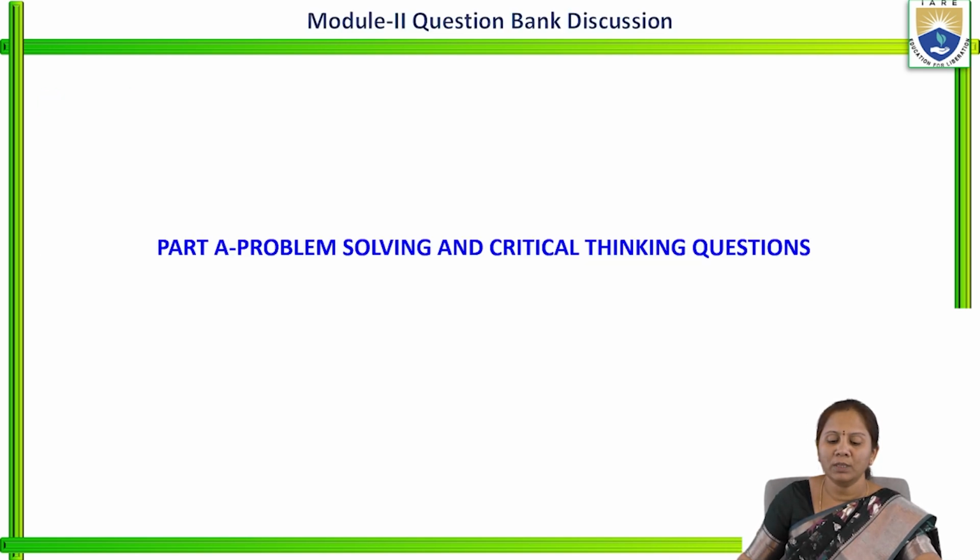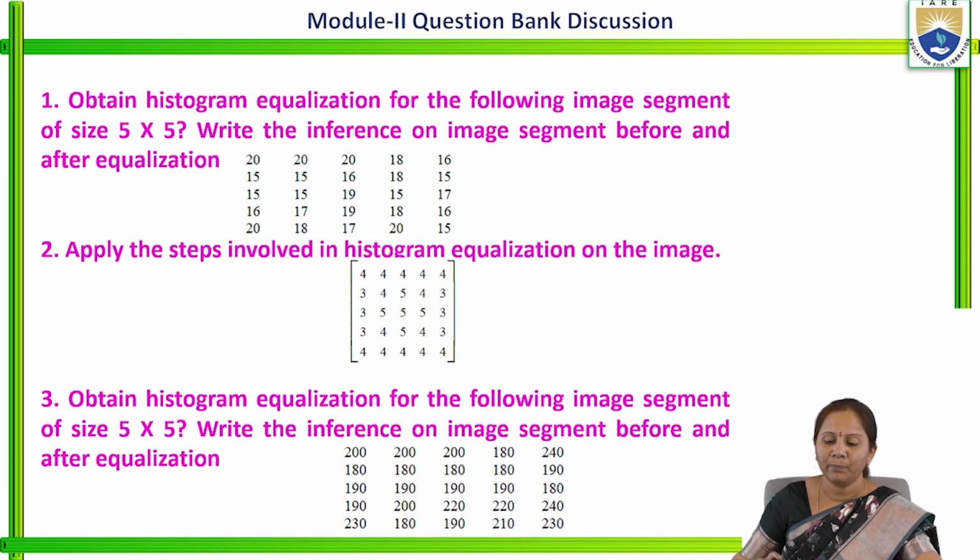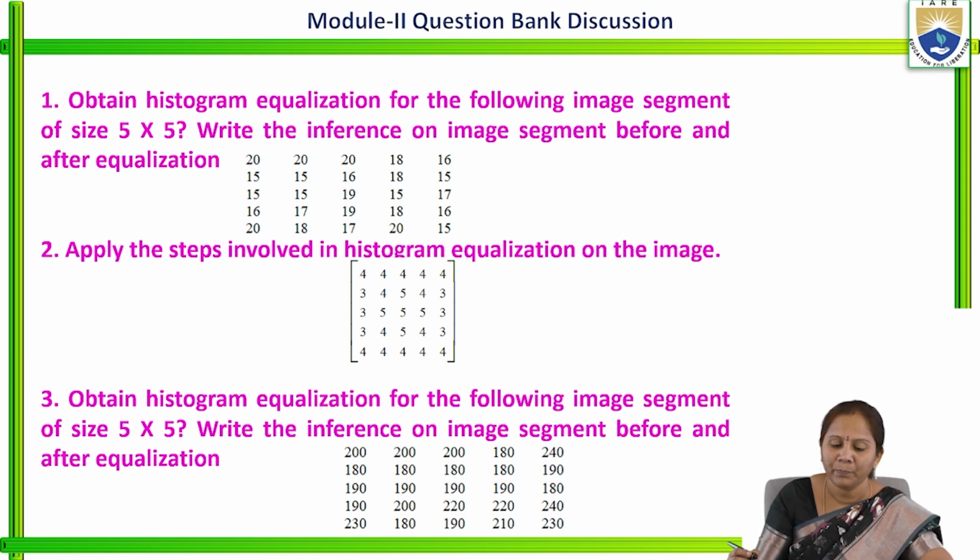With respect to all these concepts, let us see what questions we can have from this module. First, let us see the problem solving and critical thinking questions, which are somewhat analytical. Most of the problems that we can expect are from the histogram concept. We have solved problems related to histogram equalization and histogram matching.